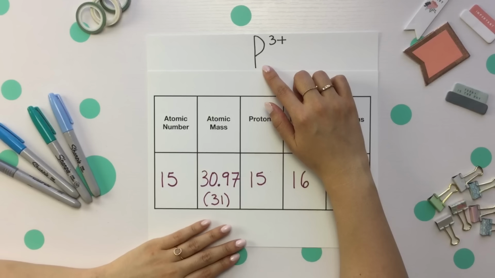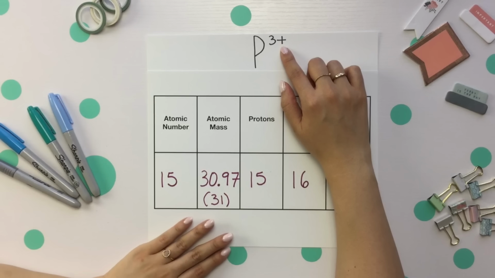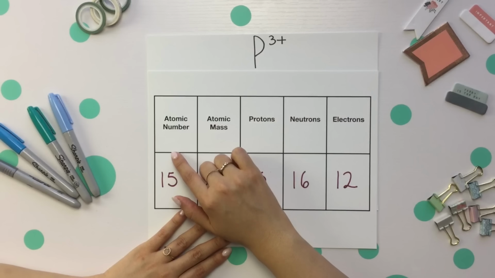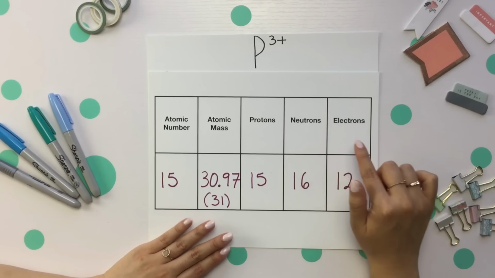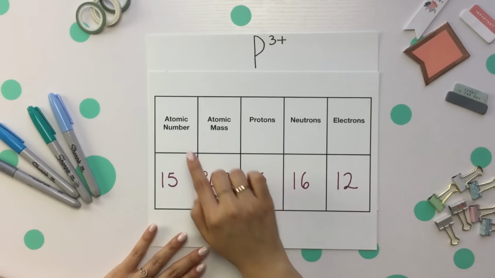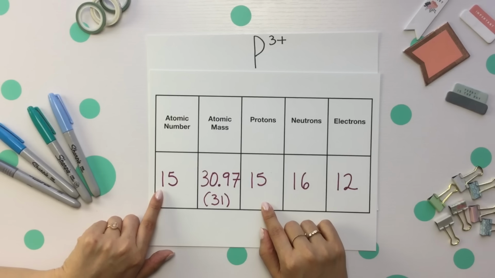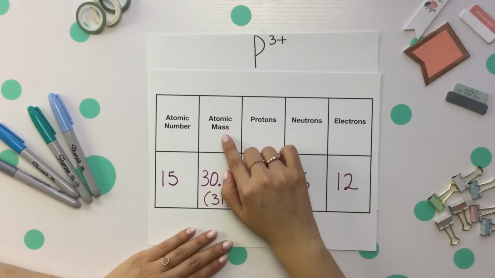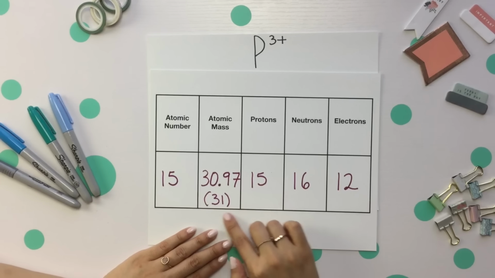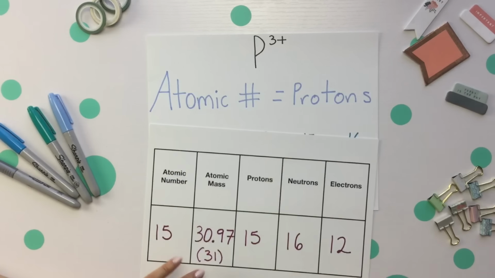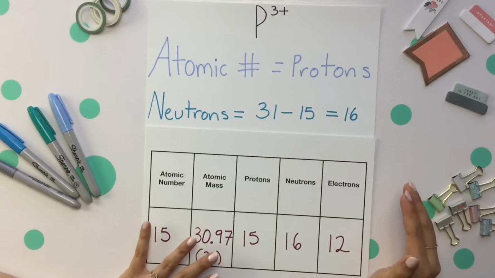Let's look at our next example with an ion with a positive charge. Phosphorus now has a 3+ charge. We're still going to figure out our atomic number, atomic mass, protons, neutrons, and electrons. However, our atomic number and proton count will not change. Neither will our atomic mass. We'll also round it to 31, and our neutrons will still be the exact same.